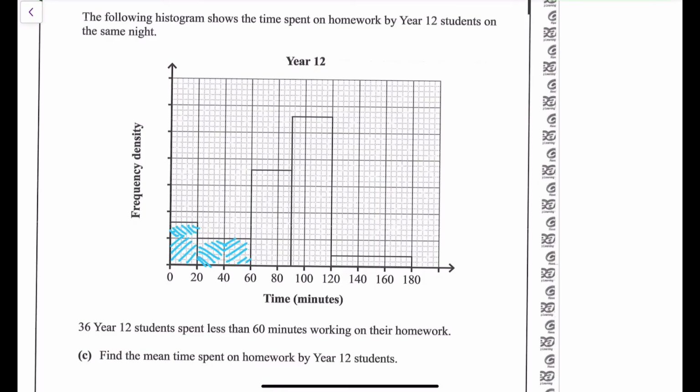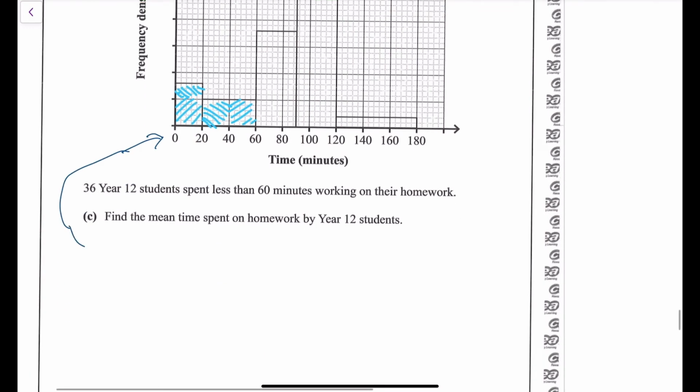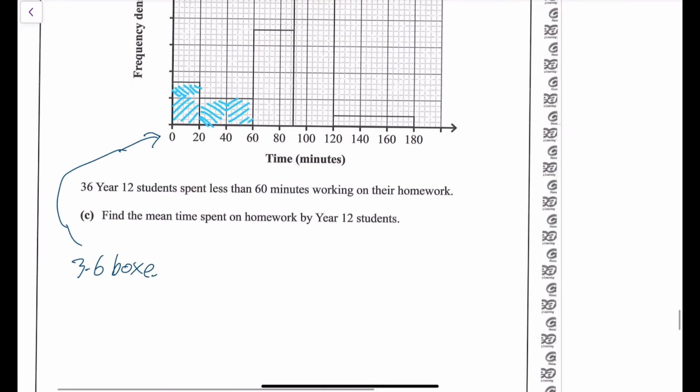So from this, and this is my working out, that's 3.6 boxes. It tells you in the question that was equal to 36 people. Therefore one box is 36 divided by 3.6, which is going to be 10.